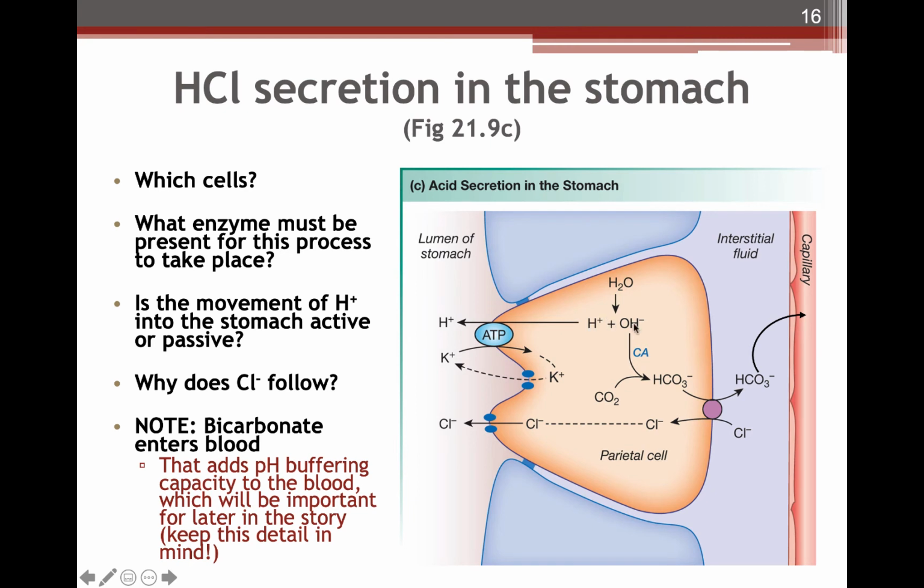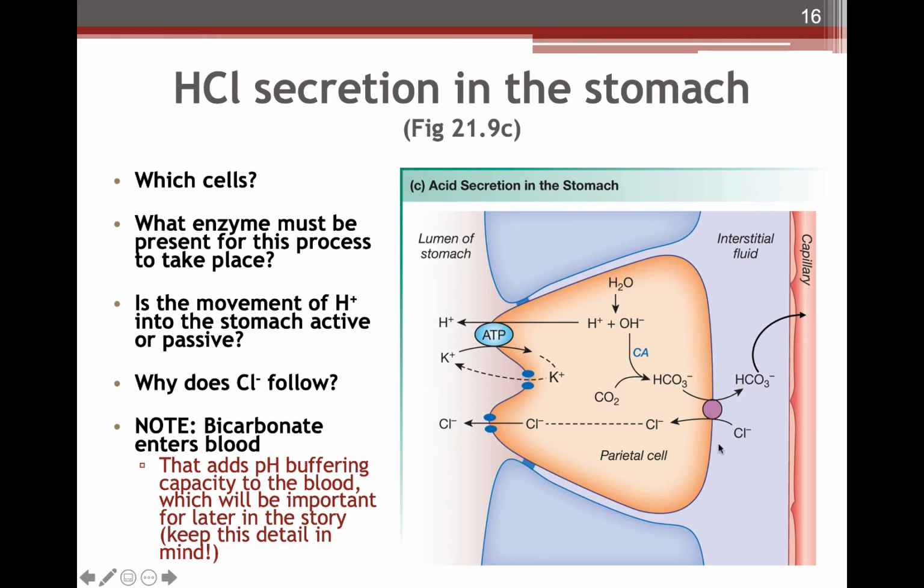Well, what happens with the bicarbonate? Well, let's go over here. Bicarbonate needs to be exported from these cells. And so it will go through these carrier proteins here. It's doing the chloride shift that we learned about in Unit 5. These carrier proteins are doing secondary active transport. Chloride is going down its concentration gradient, and bicarbonate is going against its concentration gradient.